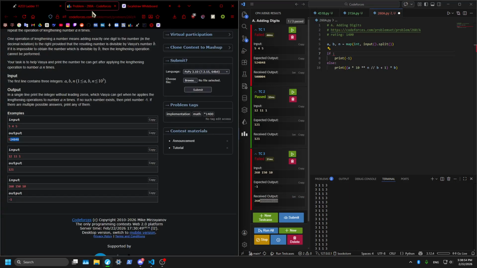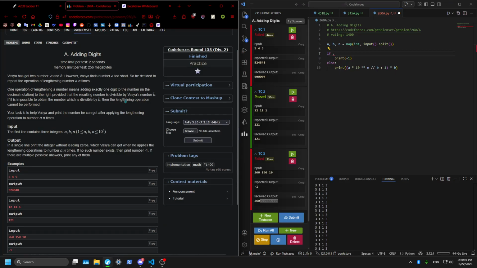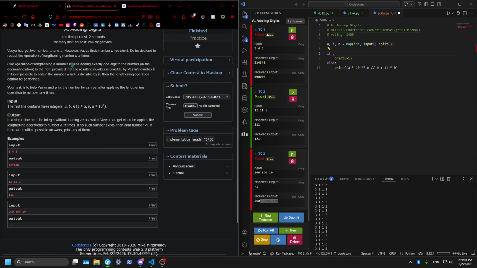Extended by 10. Is this not divisible by 150? It is.